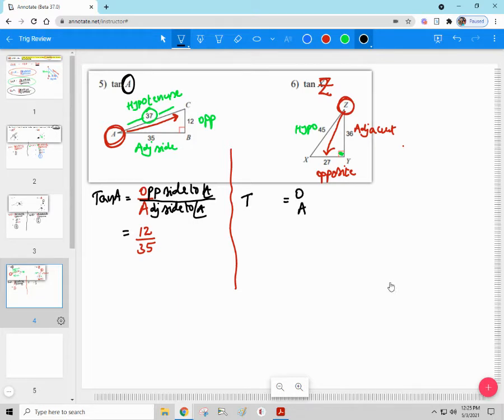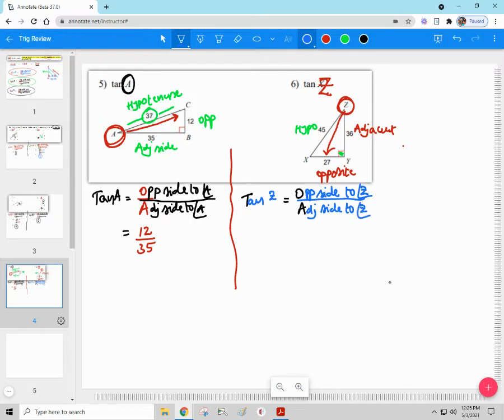Therefore, what does T stand for? It is tan Z equals opposite side. Please don't just write opposite side; be specific: opposite side to angle Z over adjacent side to angle Z.